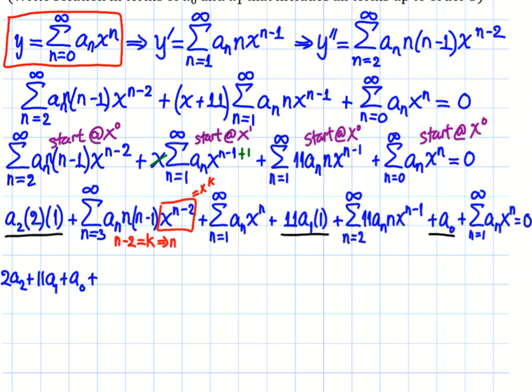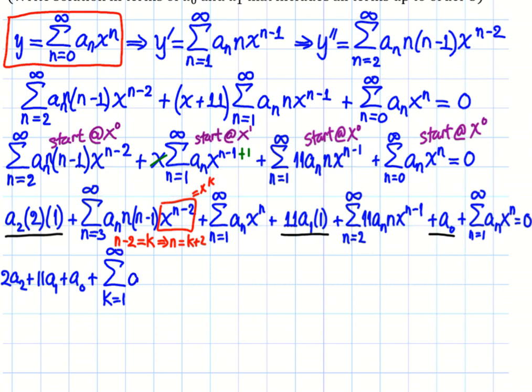So n is equal to k plus 2. So for the first series, we have n equal to k plus 2. k plus 2 equal to 3. k must be equal to 1. So we start at k equal to 1 to infinity.